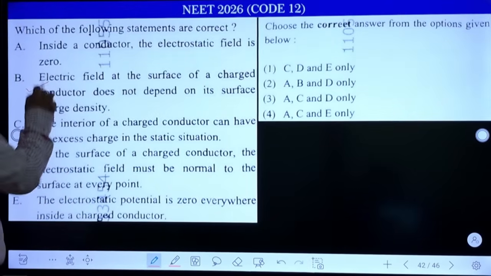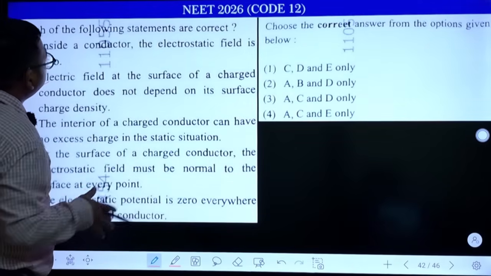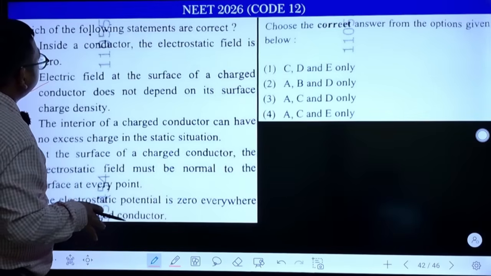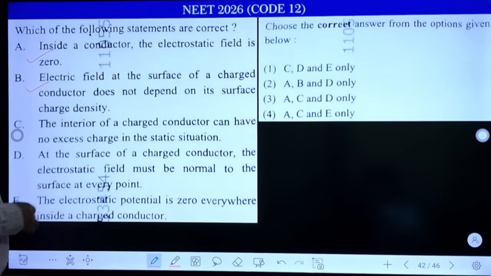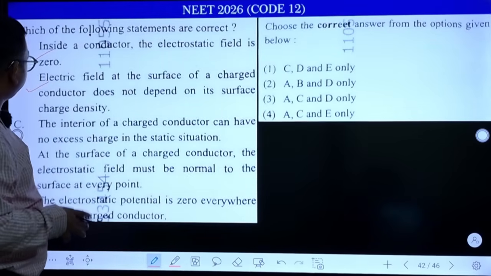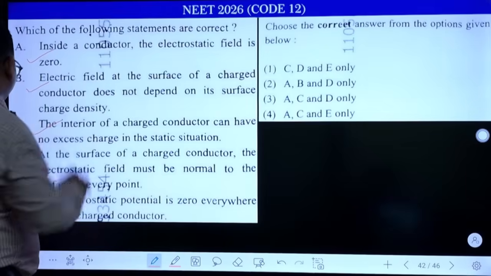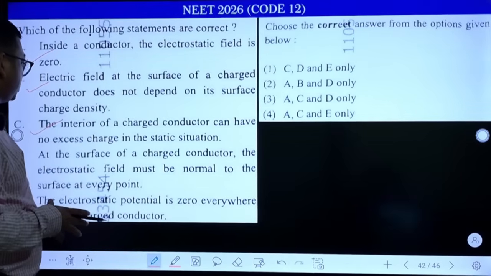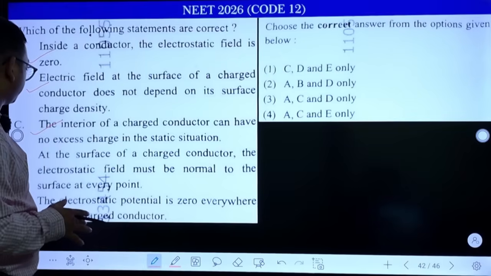This statement is correct. Nearby the surface, it depends. Inside a conductor, electrostatic field is 0. Yes, electrostatic field is 0 inside a conductor. Interior of a charged conductor can have no excess charge in the static condition. This is also true. At the surface of a charged conductor, the electrostatic field must be normal to the surface. Yes.